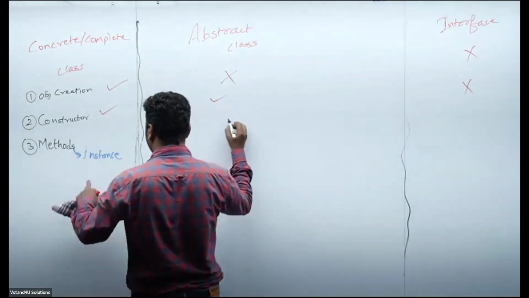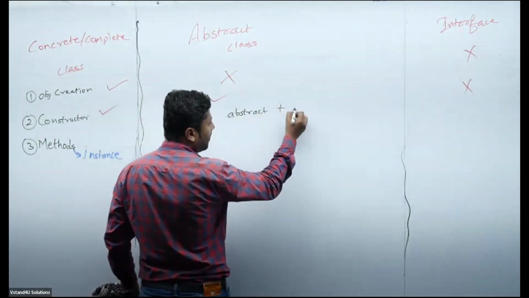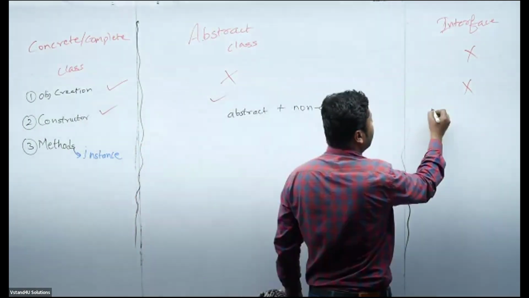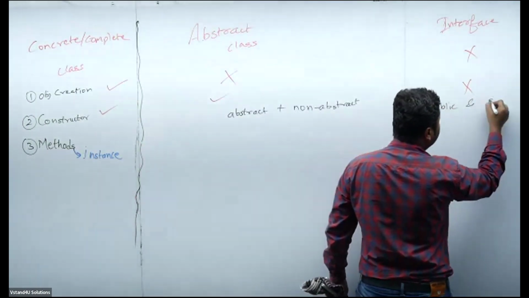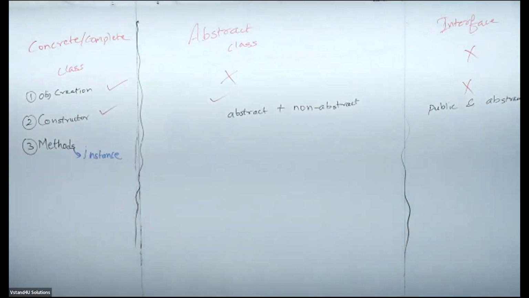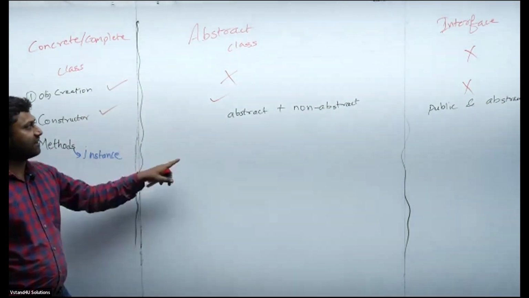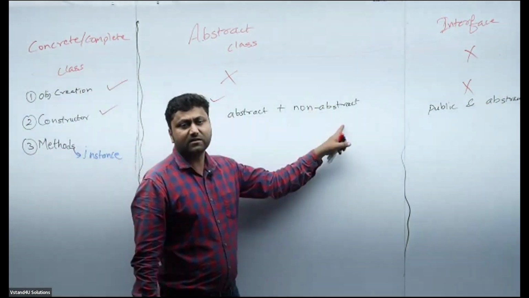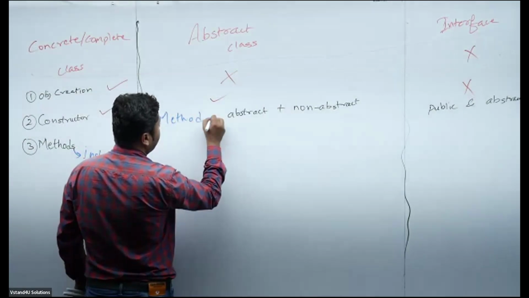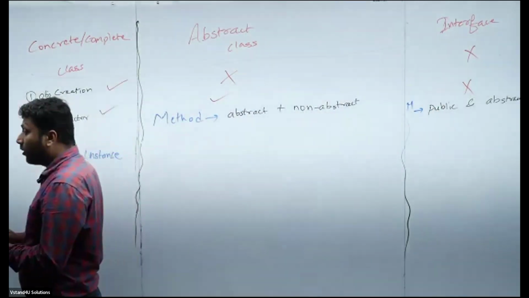It can have abstract as well as non-abstract methods. Every method by default is public and abstract in an interface, not in an abstract class. So instance methods are there in a complete class, but in an abstract class it can be abstract as well as non-abstract methods. This is for the methods only. Okay, next.